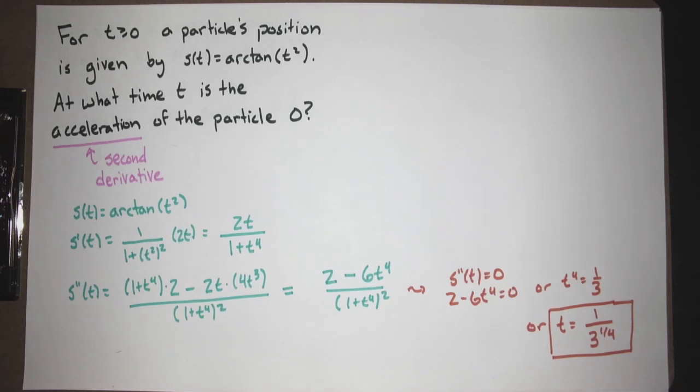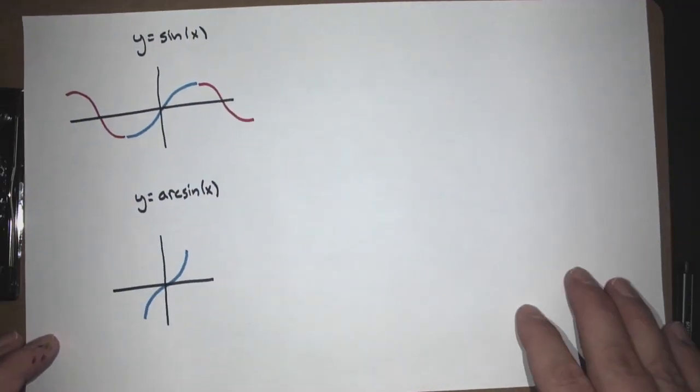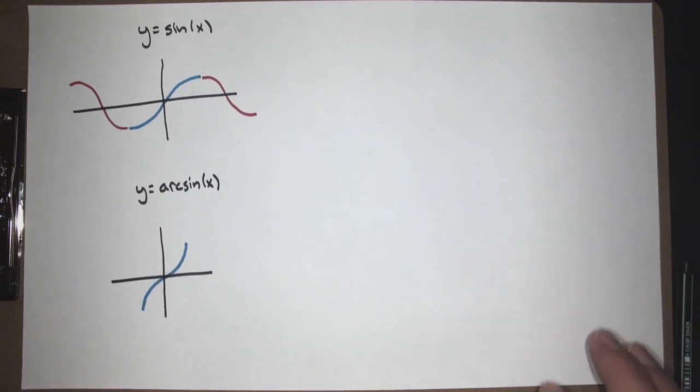Cool. Okay, so a few more functions we do have to talk about. I do not have the same feelings about arcsine that I do about arctangent. When I hear arctangent, my heart will skip a beat. Arcsine's like, eh. So what's happening?